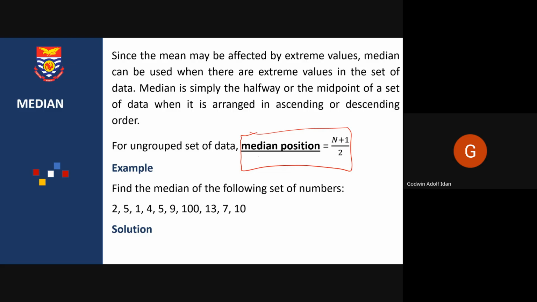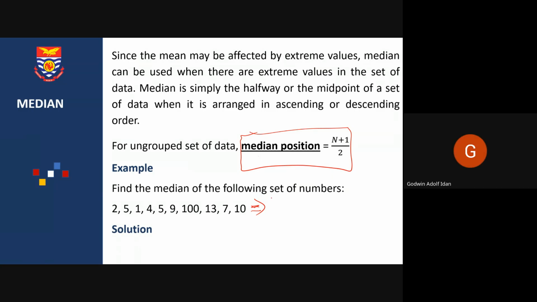For example, find the median of the following set of data. All that we have to do is to rearrange these values in ascending or descending order. So which approach do we go? Ascending or descending? Ascending. Let's go ascending.